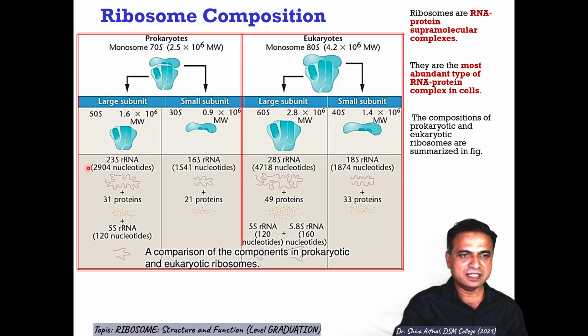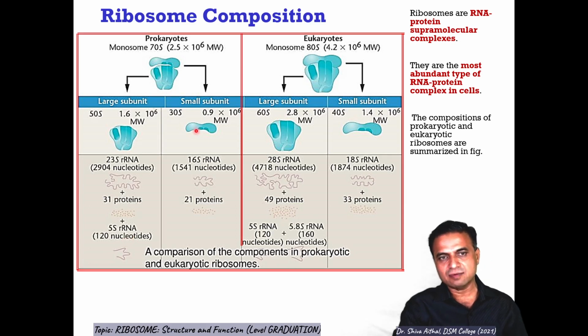This is 23S RNA made up of 2904 nucleotides, and it contains 31 proteins. Are you getting? This is the composition of 50S subunit of a prokaryote. So this prokaryote has a large subunit which is made up of 50S. If you just decode it, then it has 23S RNA plus 5S RNA and some 31 different types of protein.